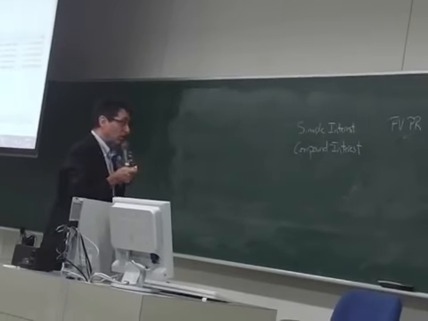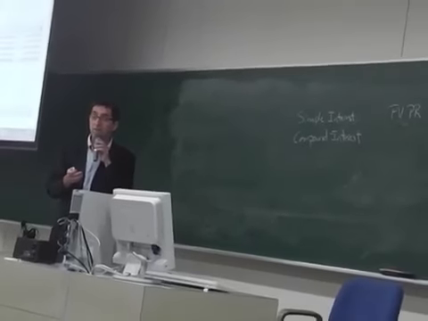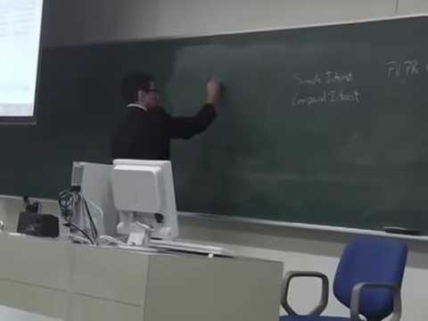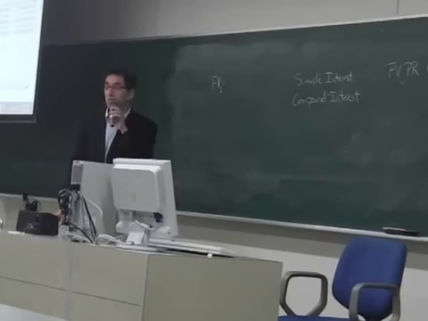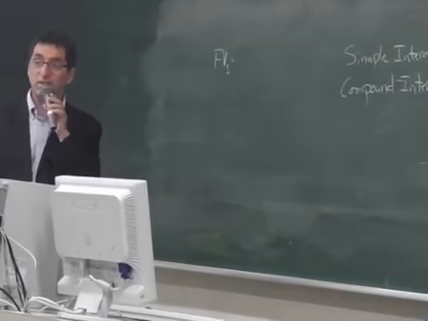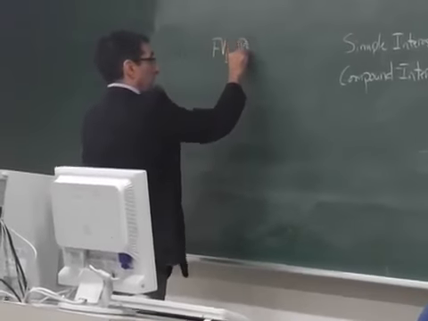So what do you have? The future value at the end of the first year is what? Maybe I'll make this notation: FV1. That means the future value at the end of the first year. So what is that? Well, it's the same thing as that. It's PV.